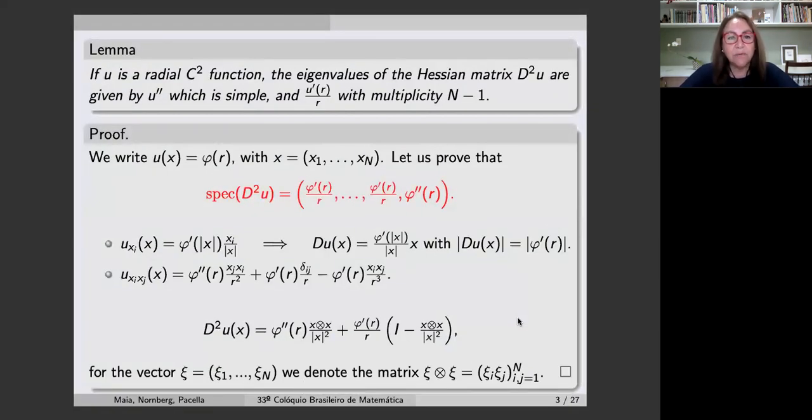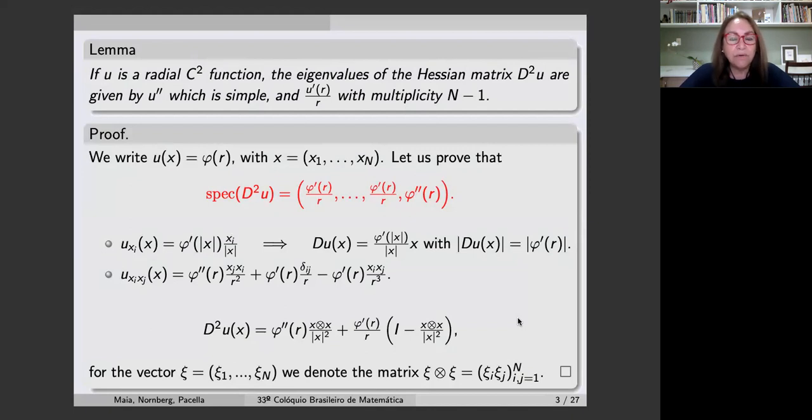If u is a radial C^2 function, the eigenvalues of the Hessian matrix D^2u are given by u'', which is simple, and u'(r)/r with multiplicity n minus 1. It's proved by calculations, but we have included it here in order to give a taste of this fact.